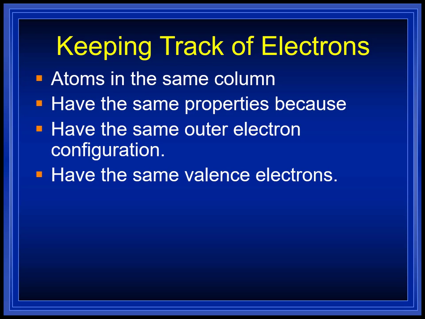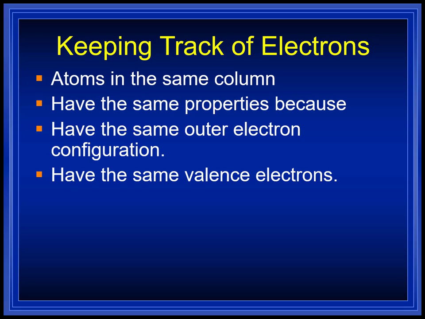So see if you can notice the pattern for me. In group 1A, they have 1 valence electron. In group 2A, they have 2 valence electrons, because that would be S1 and S2. Group 3A would be S2P1. That would be 3 valence electrons.